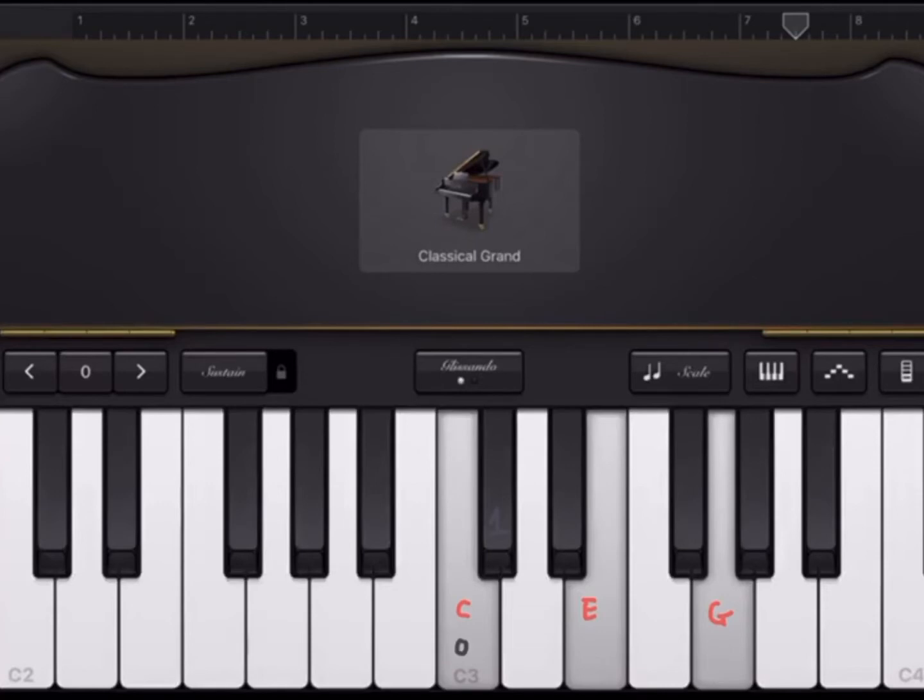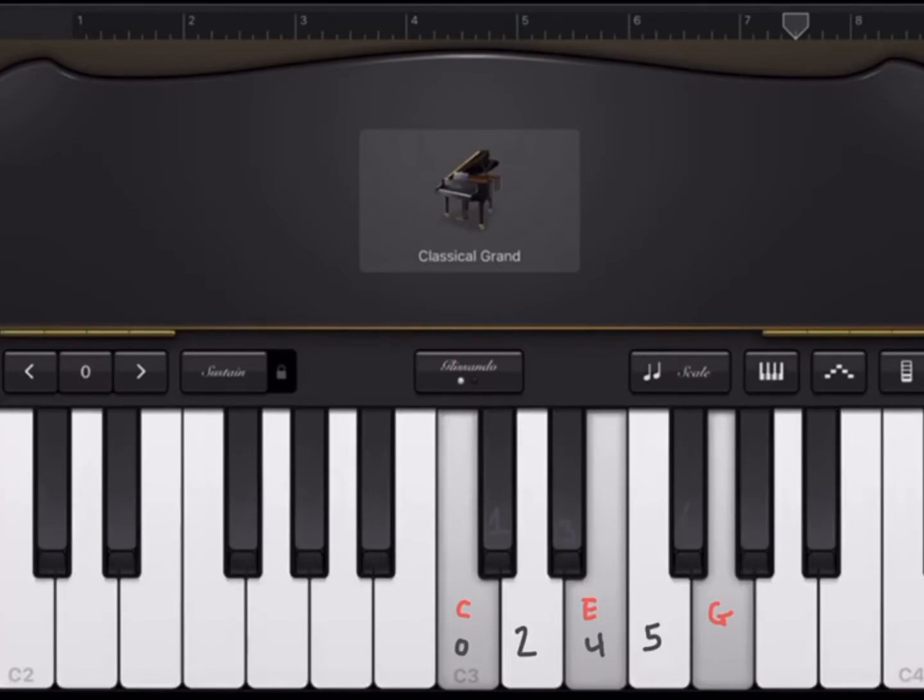From this one to D, that's the second semitone. Then you count 1, 2, that's the third semitone, the fourth semitone. And notice here, it is two white keys that are adjacent to each other. Two adjacent white keys are 2 semitones, which is also a tone. So that's our fifth.